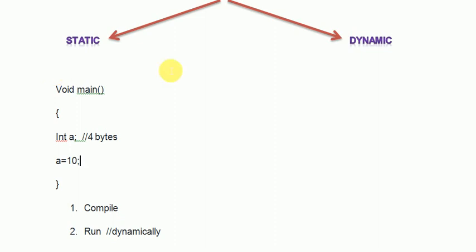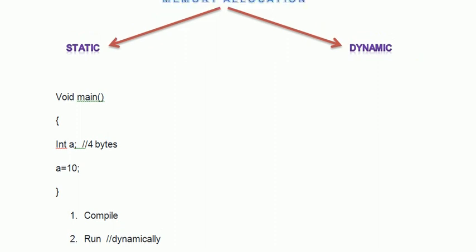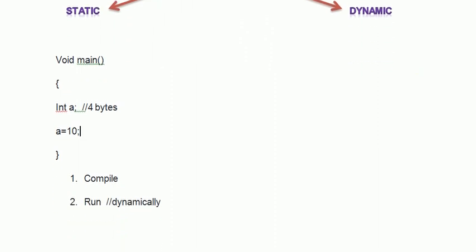But if on the other hand we allocate memory dynamically, we can increase the size of the memory wherever or whenever we want during the runtime. So this is the use of dynamic memory allocation.